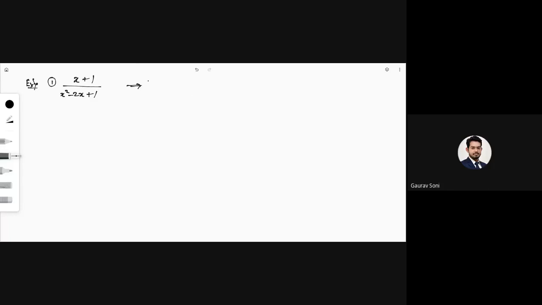So this is proper, no problem at all. Second one, x square minus 1 upon x square minus 2x plus 2.